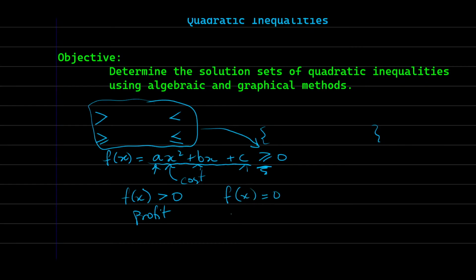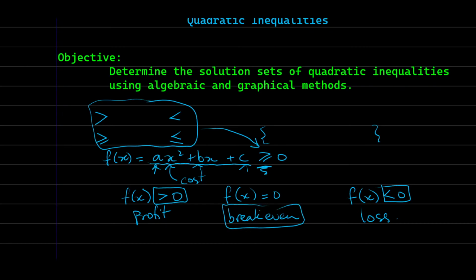You already know how to do this, which is your break even. And then you can have a value where f of x is less than 0, in other words, your loss. So you can get a range of values that you will still make a profit on, a range of values where you will be losing money, or you can find your break-even point, which is what you already know how to do.